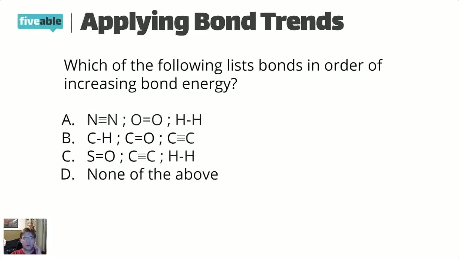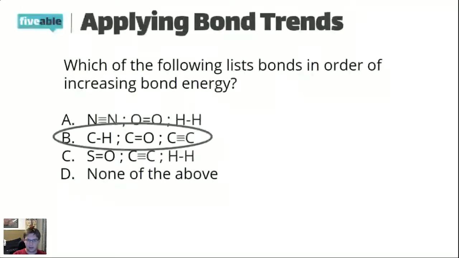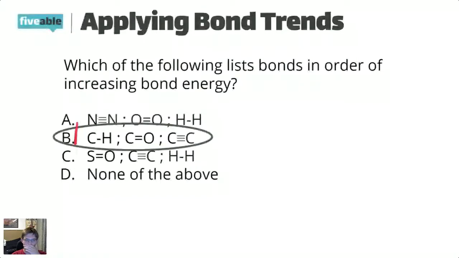All right. Well, the correct answer is B, and we know this because we see, looking through these 3 options besides none of the above, C is just out of order. Double bond followed by a triple bond, followed by a single bond. It's just out of order. It's not going to be increasing nor decreasing. Then if we look at A, a student who would choose A would be looking at bond length, right?